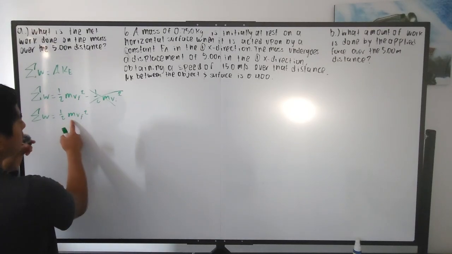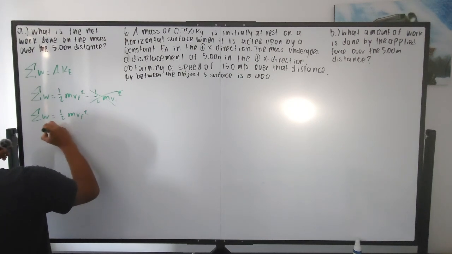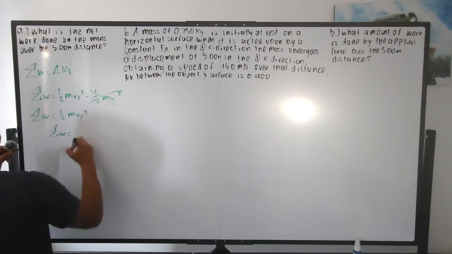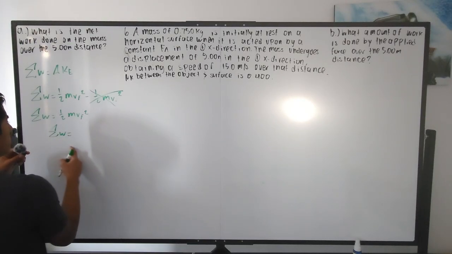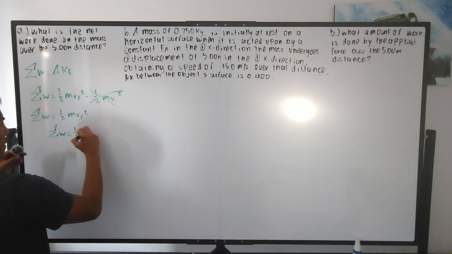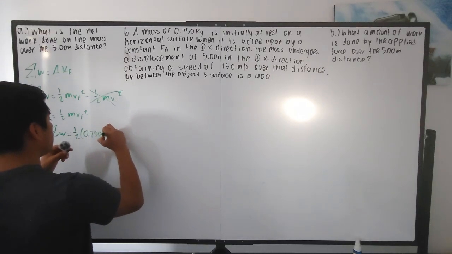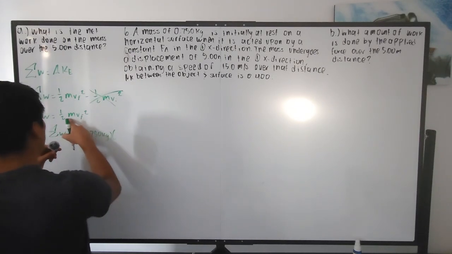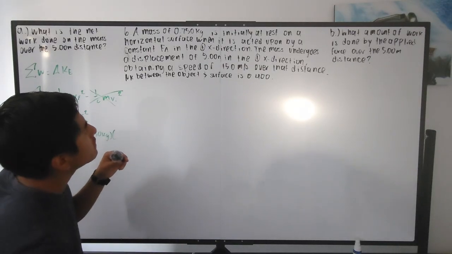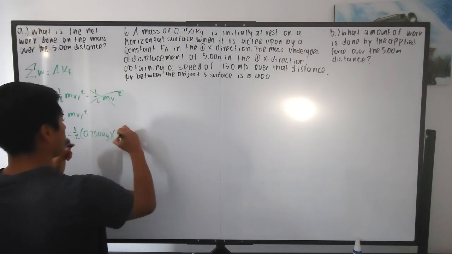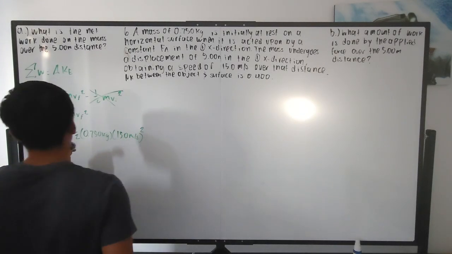Then we are just left with the sum of all the work is equal to 1/2 mv final squared. And now we could just plug in all of our values because we know all of this to get the sum of all the work. So then the sum of all the work would be 1/2 the mass, which is that 0.75 kilograms, multiplied by the final velocity squared, which the final velocity is 15 meters per second, squared.